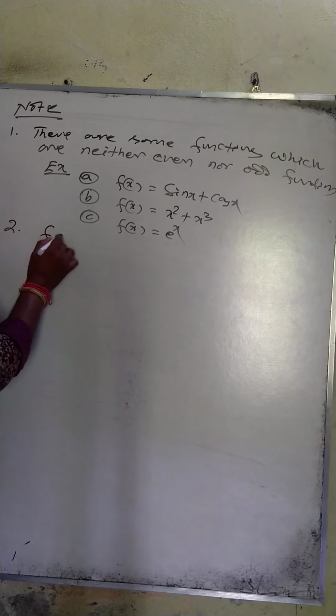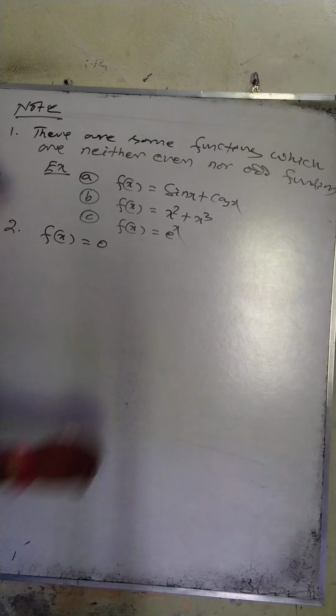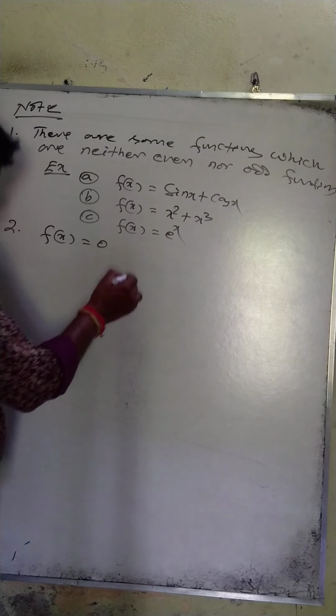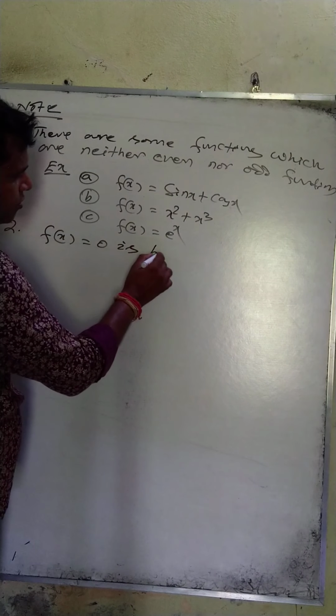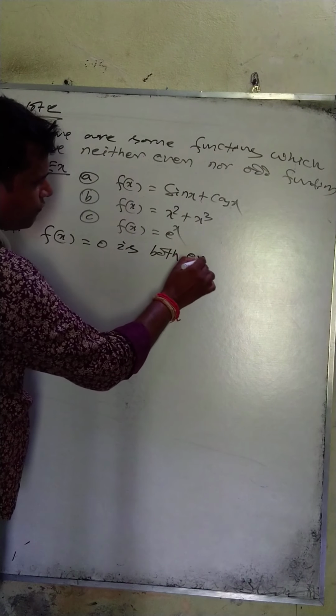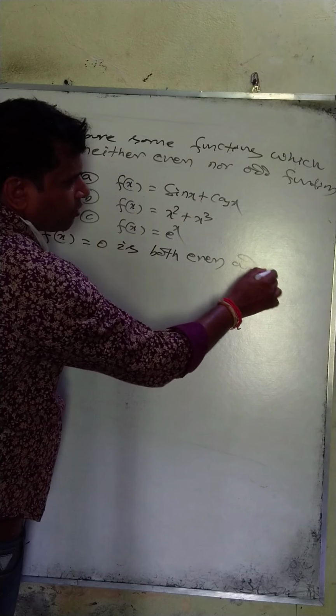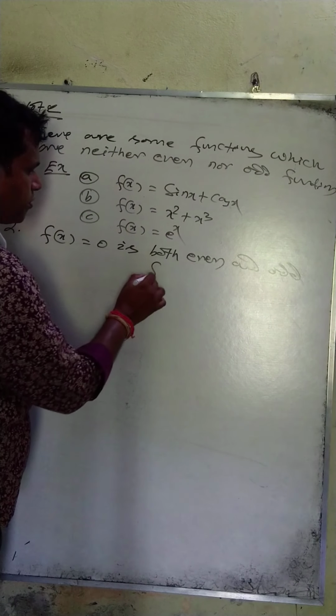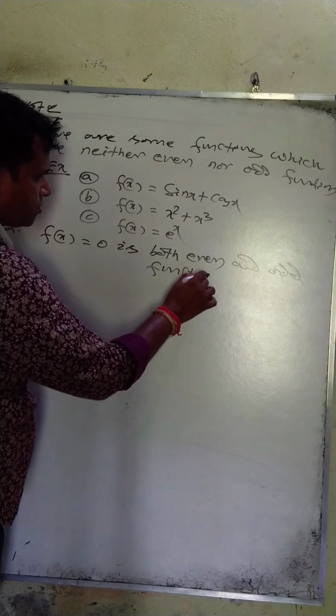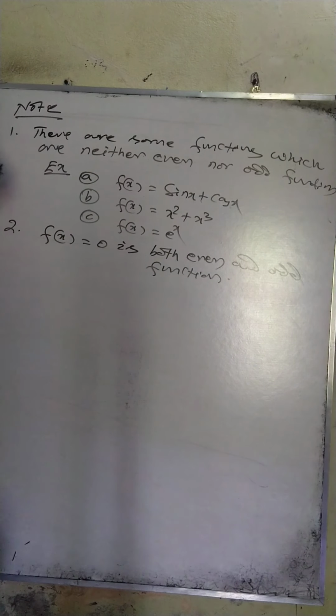Number 2, f of x equal to 0 is both even and odd function.